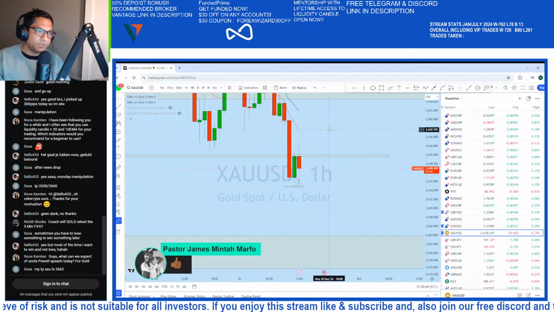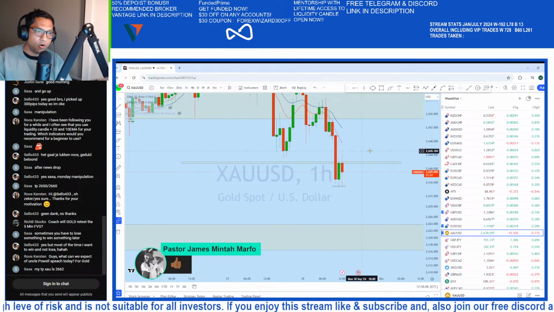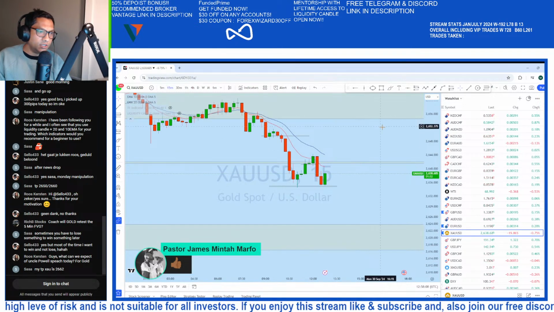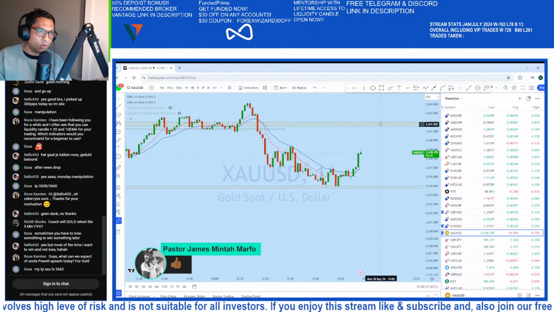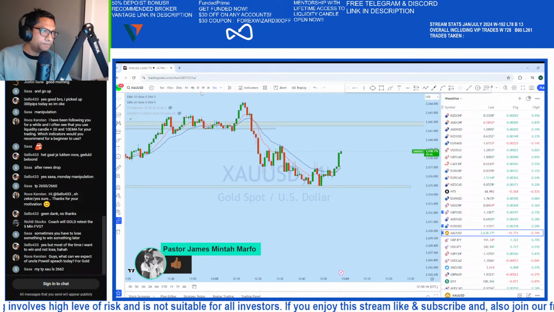Okay, we can see some upside bias. I'm waiting for potential entry in that area to see where it is heading. We can see some lower time frame upside.